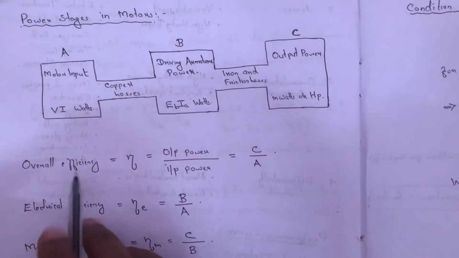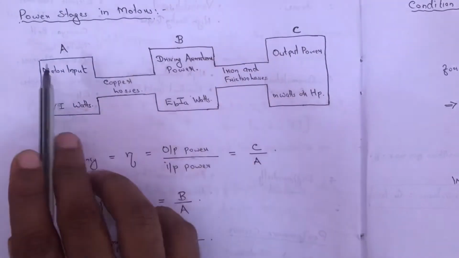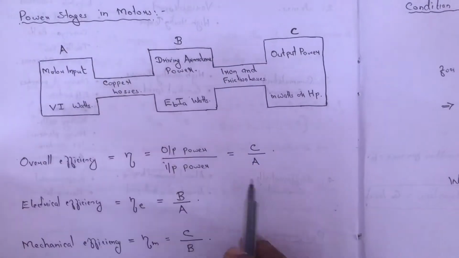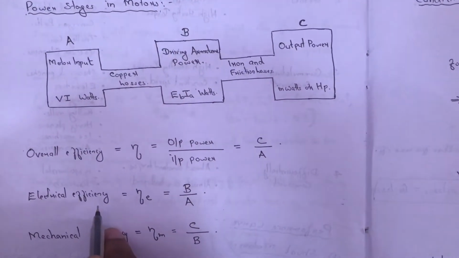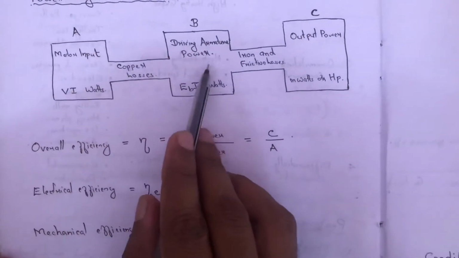We can write the overall efficiency is equal to the output power divided by input power, that is stage C by stage A, and the electrical efficiency eta E is equal to B by A, that is till here.